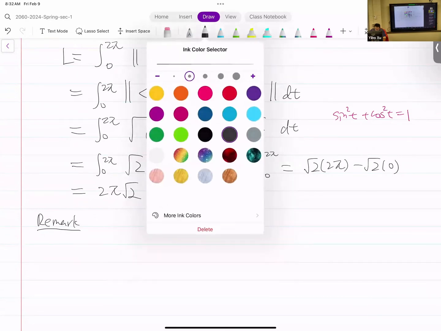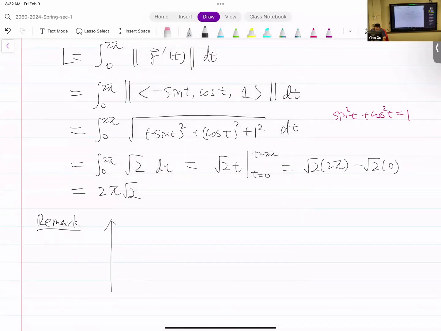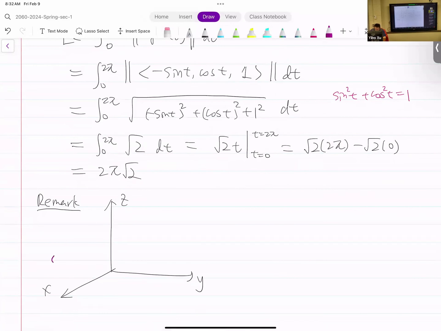So to illustrate in a figure, x, y, z, space curve. Originally we have t equals a right here. Originally we have t equal to b right here. Okay?